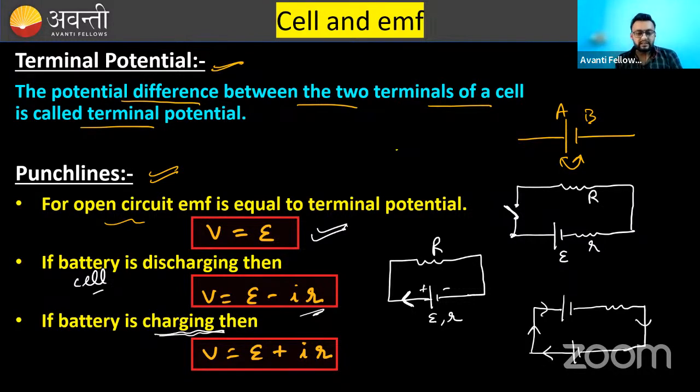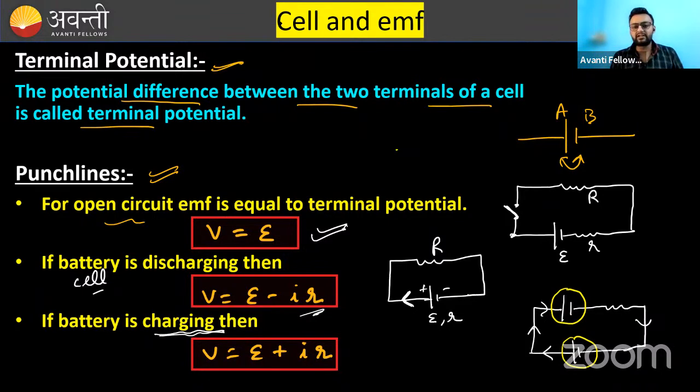Whenever current moves away from the positive terminal, the cell is discharging, but you can see that this cell is charging. So what is the identification of charging of a cell? When current enters the positive terminal of a cell, that cell is charging. If current leaves from the positive terminal, the cell is discharging.